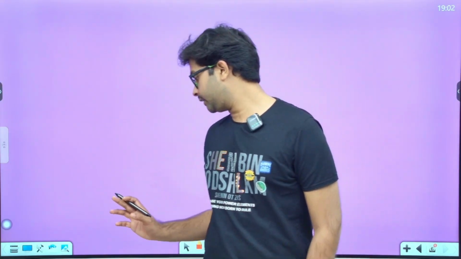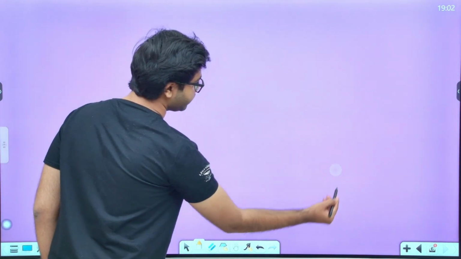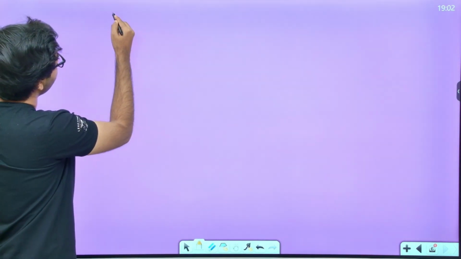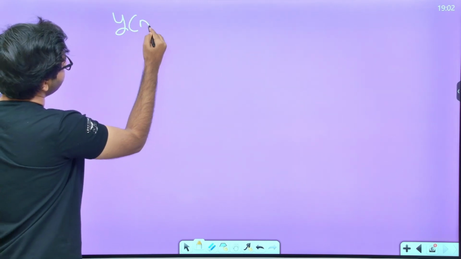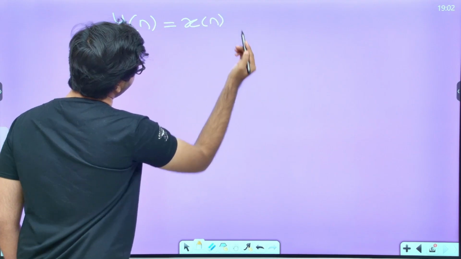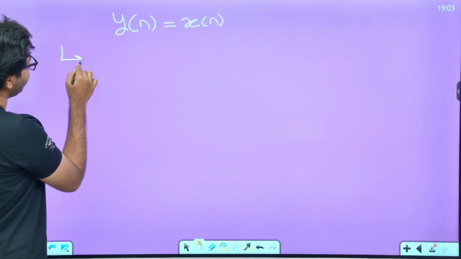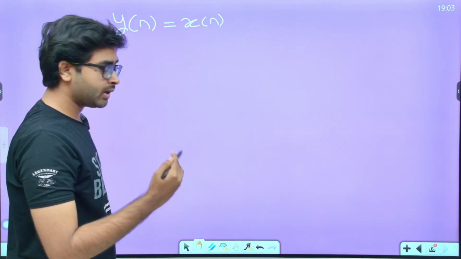Let's say I have any kind of system, again a similar example: y of n is equal to x of n. The first process: we want to find whether it's time variant or invariant.